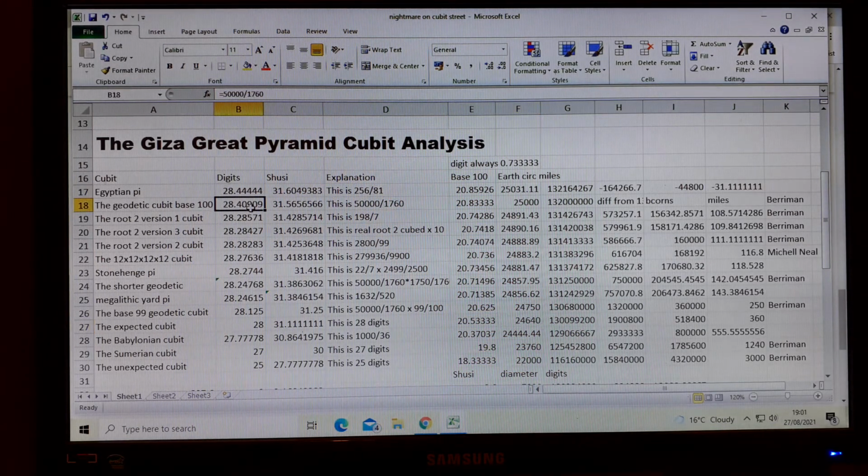And all these ideas have been pulled from Berryman. You see, I've got the 3 versions of his Cubit there. I'm applying the same thing against John Neal's Cubit, and that's giving me these numbers here. So we're getting all these versions of pi. This is Alexander Thom's pi here, 1632/520.